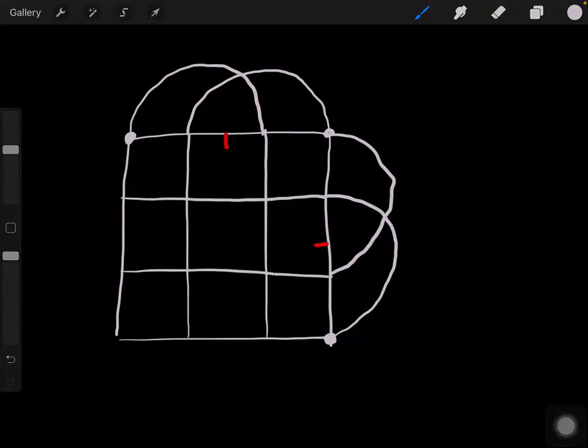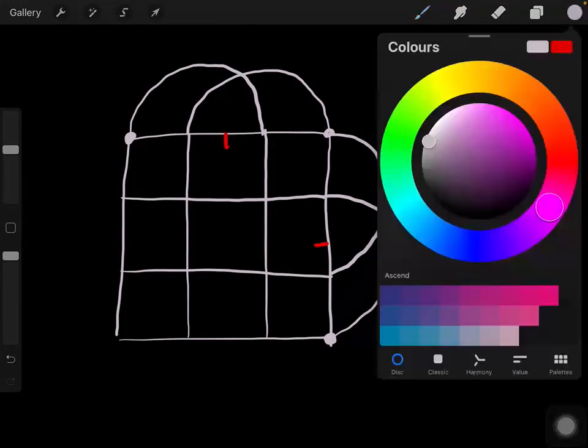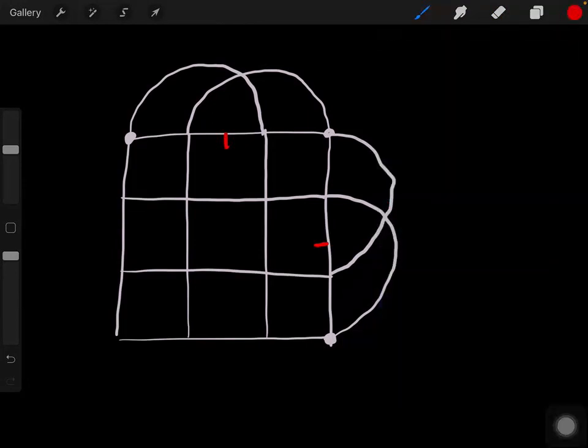To make the demarcation of sets more clear, let's outline these individual sets with different colors. So this is my set A. Just going to increase the size of my brush.